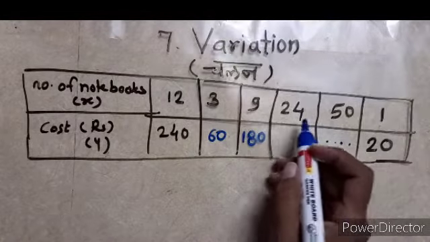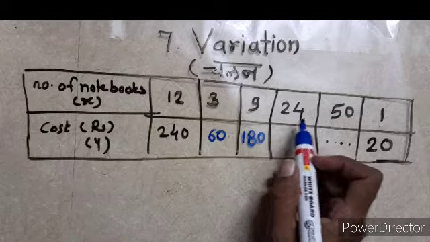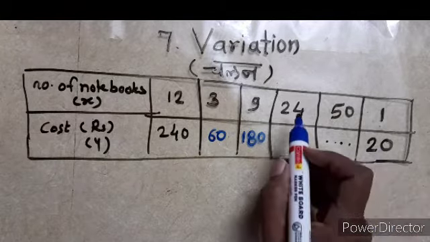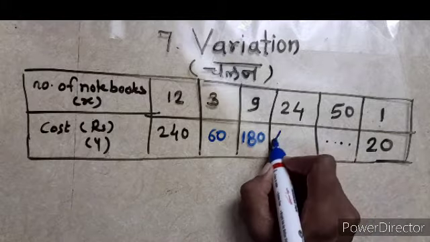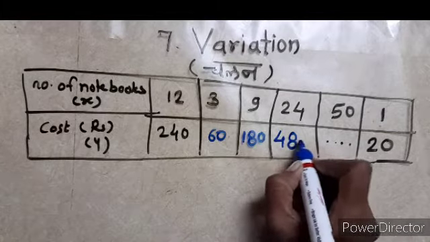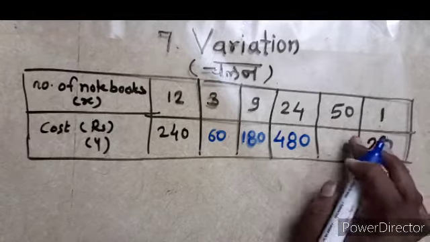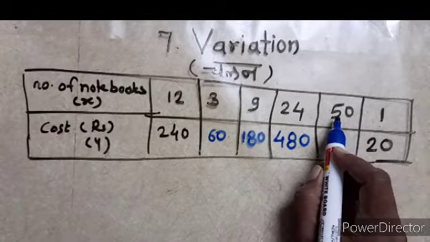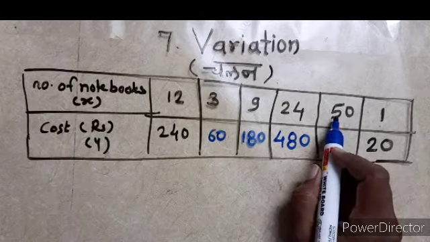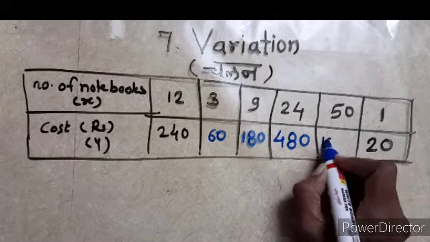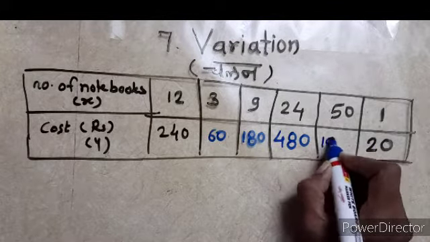To buy 24 notebooks we have to pay 24 multiplied by 20. 24 2s are 48, so 480 rupees. And in the last, for 50 notebooks we have to pay 5 2s are 10 and these 2 digits, 1000 rupees.